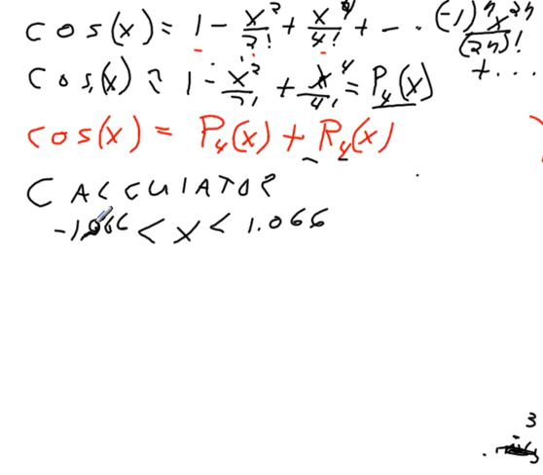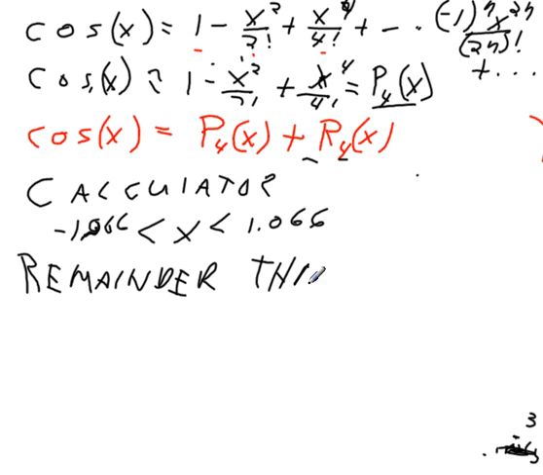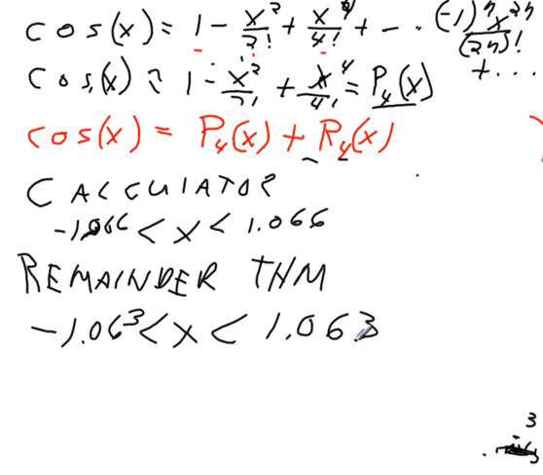Remember, it's even. And the remainder theorem, sometimes called the Lagrange remainder theorem, told me x would be between minus 1.063 and 1.063. You see the difference between these two guys?